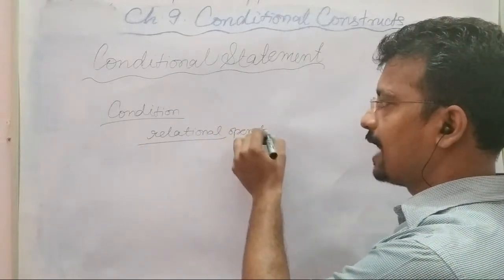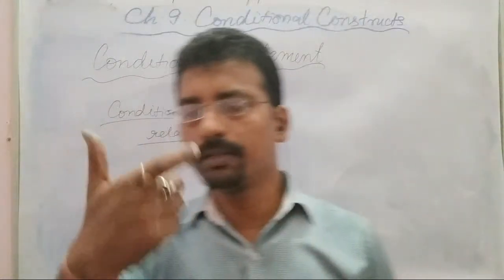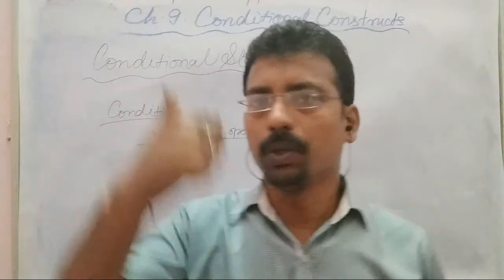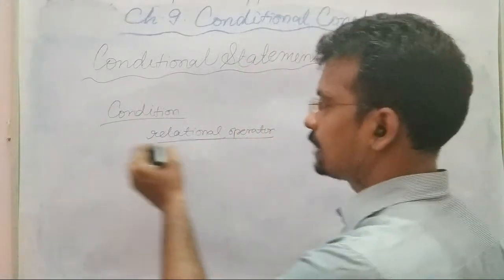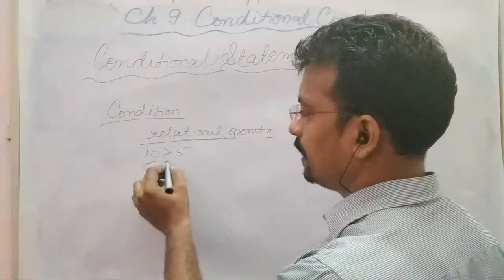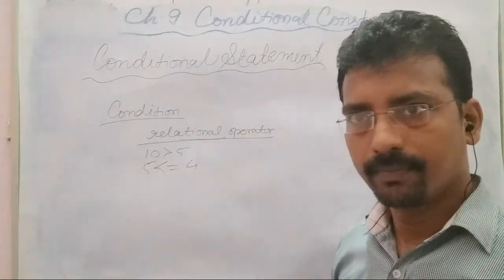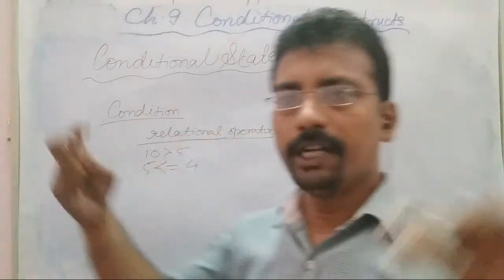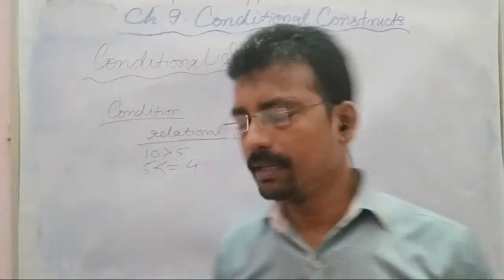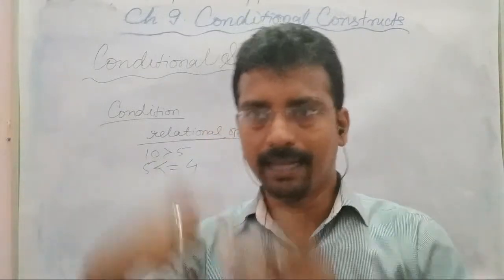A statement written with the help of a relational operator is called a conditional statement. So a conditional statement will be like this: 10 is greater than 5, 5 is less than or equal to 4. We can relate many statements with the help of logical operators, but that is a different part.